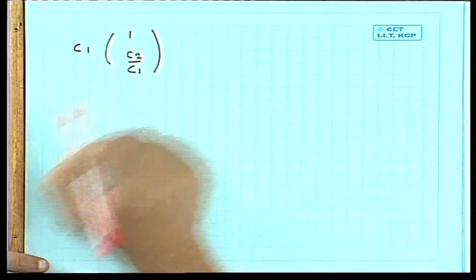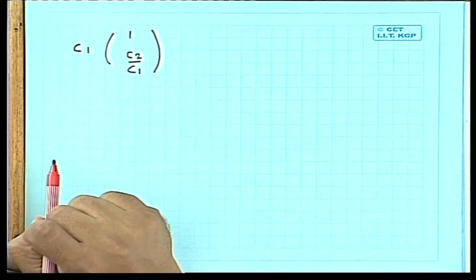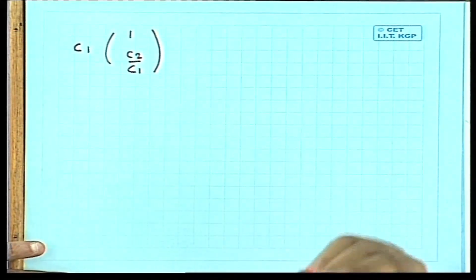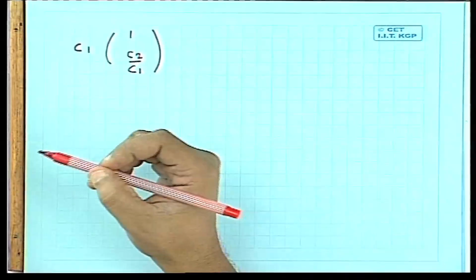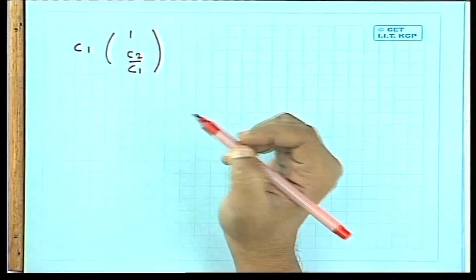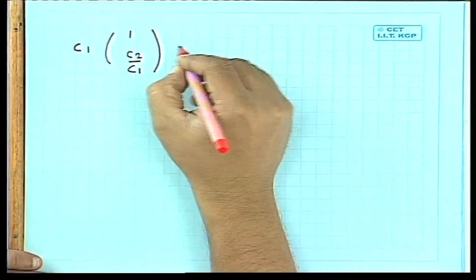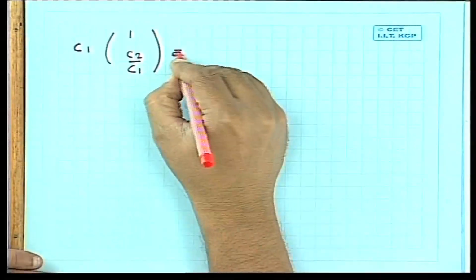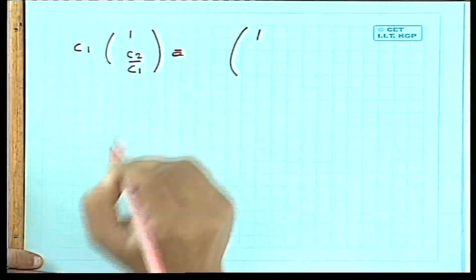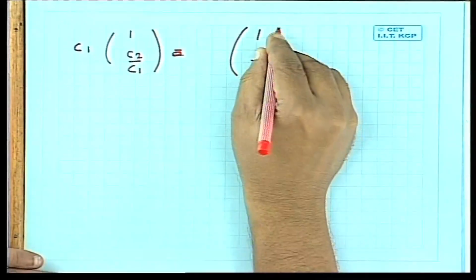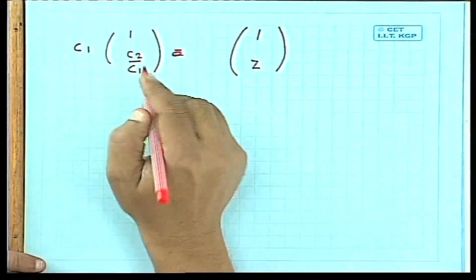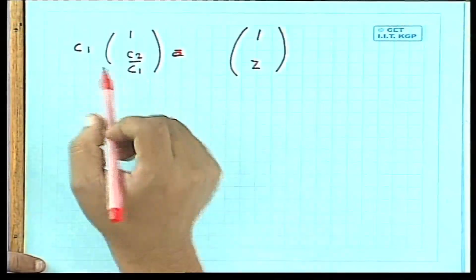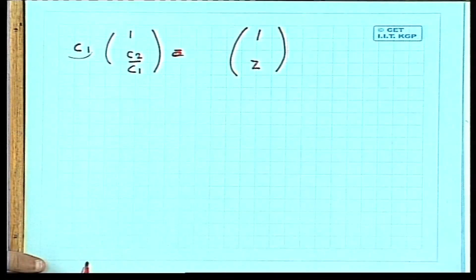This equivalently represents the polarization state of light, or you may say the spin state of a spin half particle. They're exactly the same mathematically. So I have to only now bother about this one complex number, let us call it z, so the state is 1 and z. This tells me the polarization state of light, because this C2 by C1 is one complex number. I am not bothered about the amplitude.